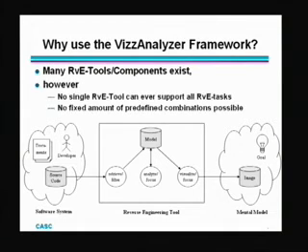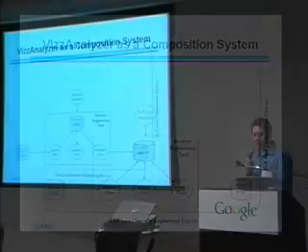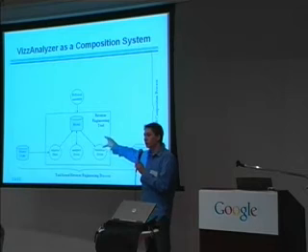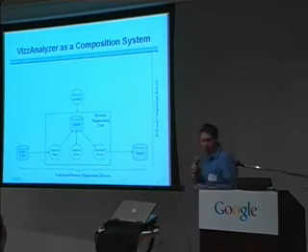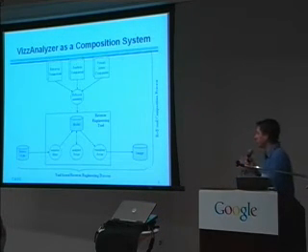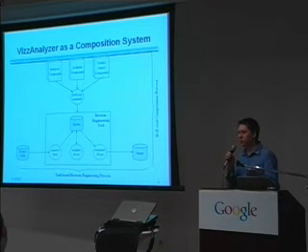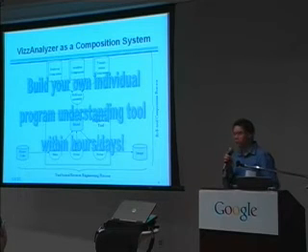What you would rather do is compose those kinds of reverse engineering tools. So you take just the components that you're interested in for visualization, retrieval, and analysis, and you create your own individual program understanding tool within hours or days.